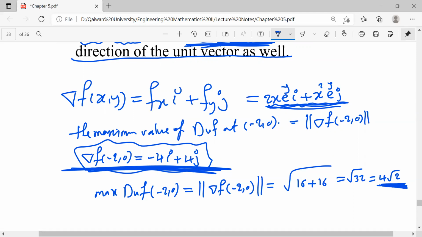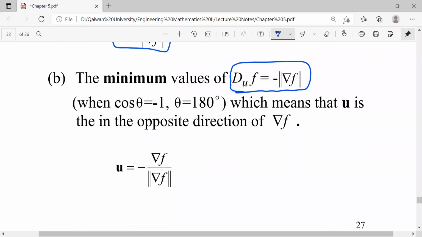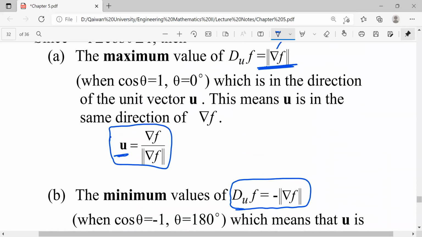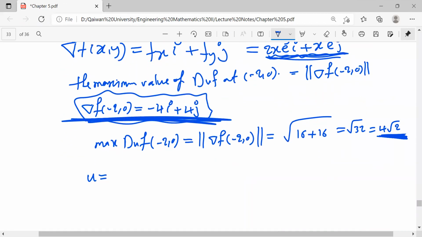And then to find the unit vector and its direction, first let's find u. We said above that u for the maximum is grad f divided by its magnitude. We found grad f, which is -4i plus 4j.